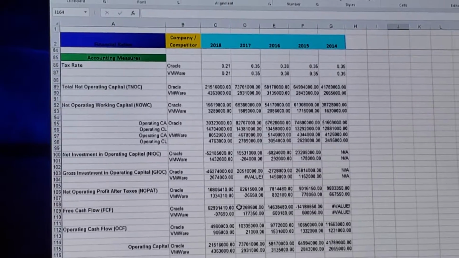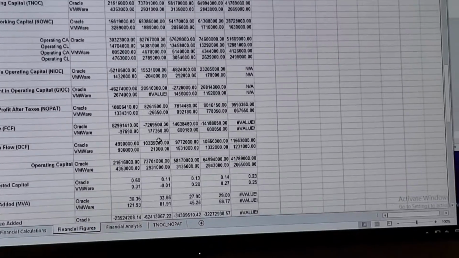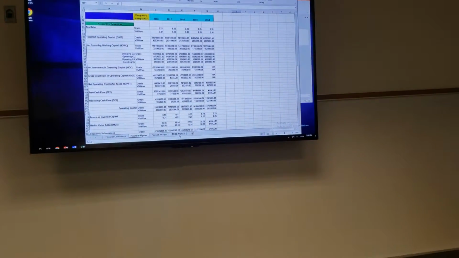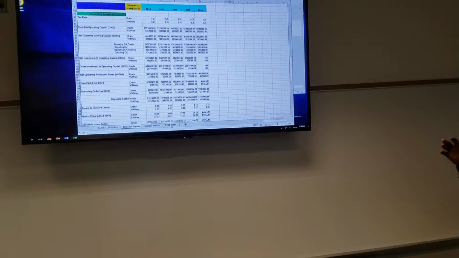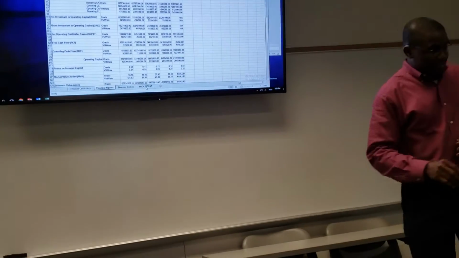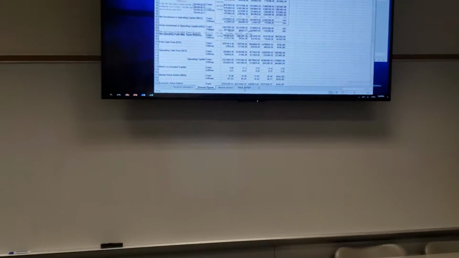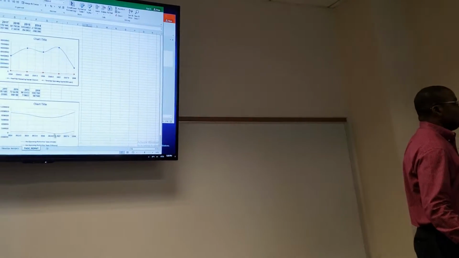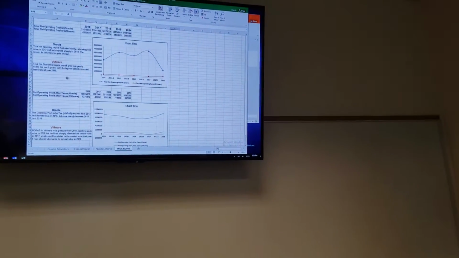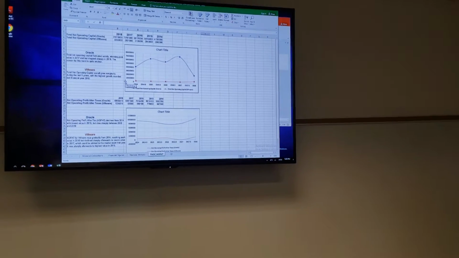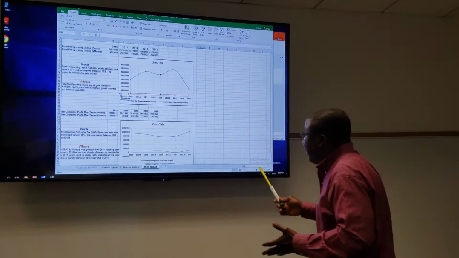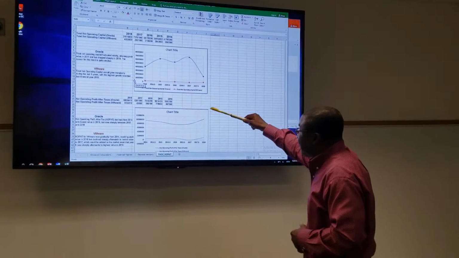Now I tried to analyze one of these parameters graphically. So I started to plot the total net operating capital for VMware and for Oracle. You can see what the trend is like.